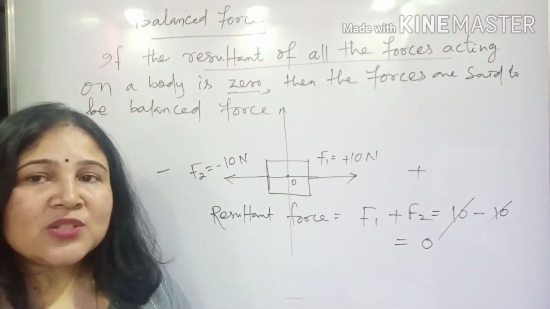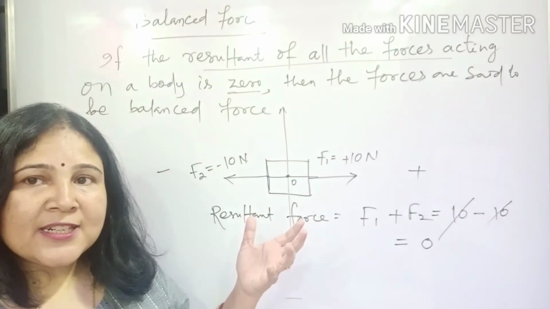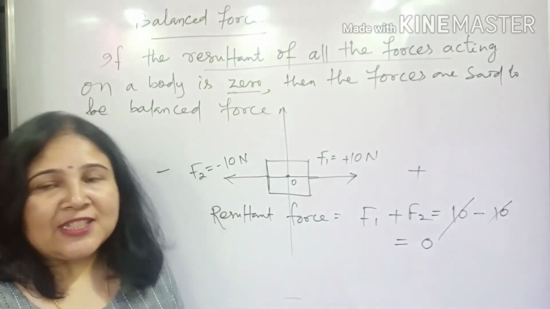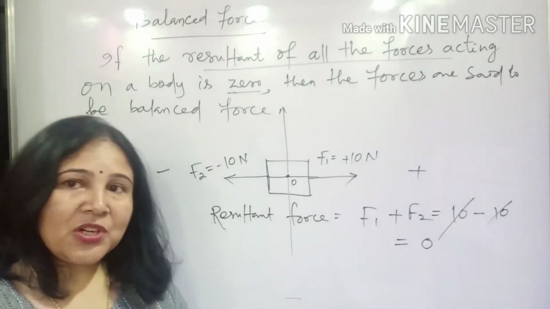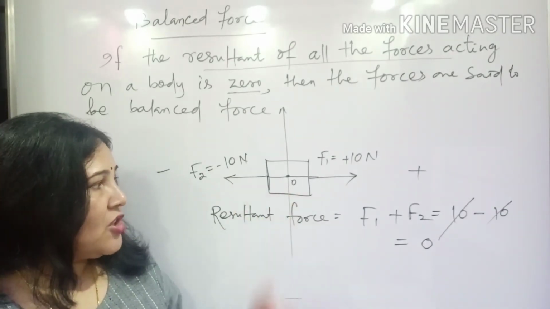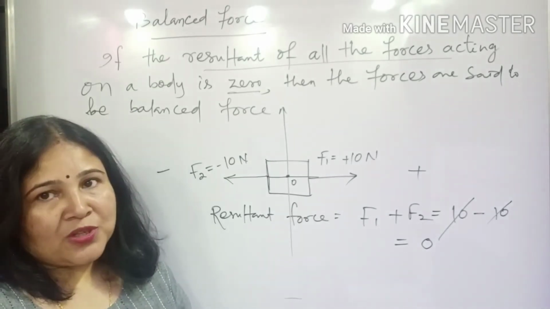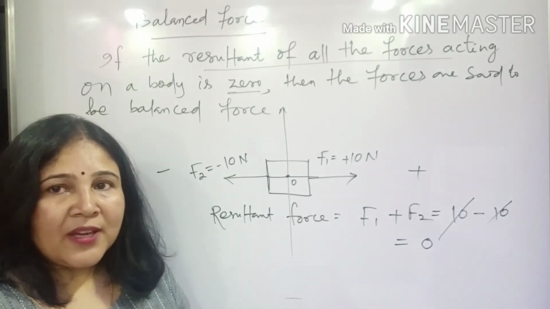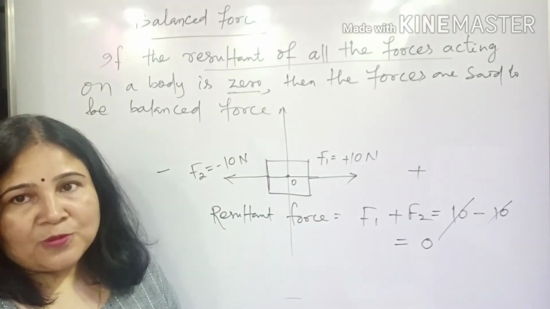So in that sense I can say the body is now balanced. It's not going to change its state. If it is at rest, it will continue to be in the same state of rest. If it is in a state of uniform motion, it will continue in the same uniform motion along the same line. Then you can say the body is under balanced forces.